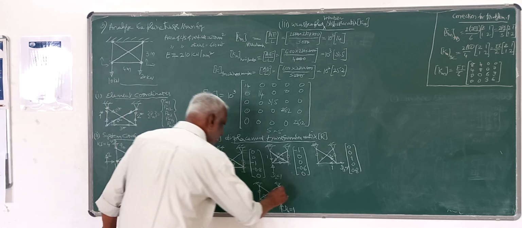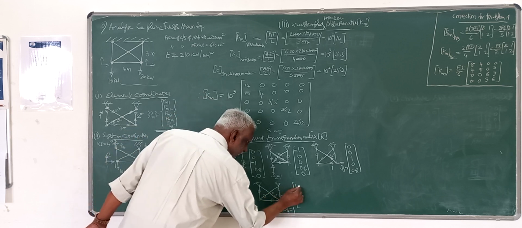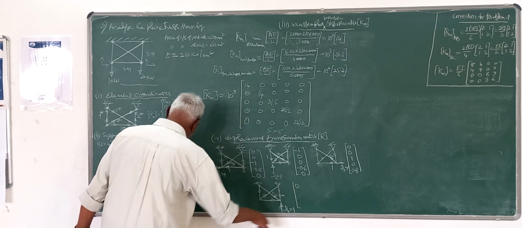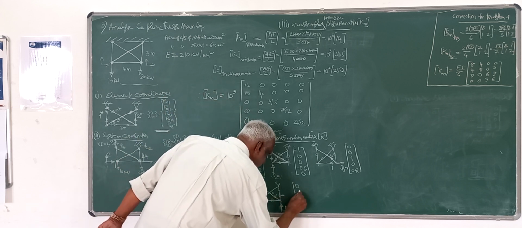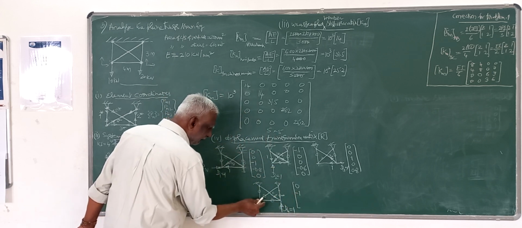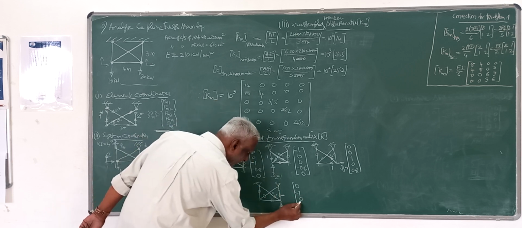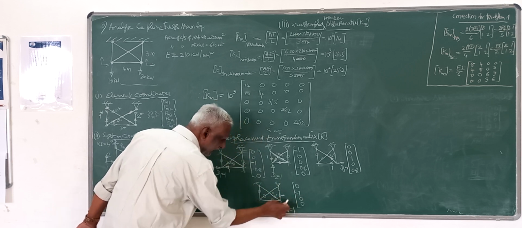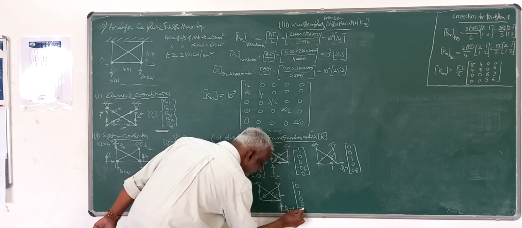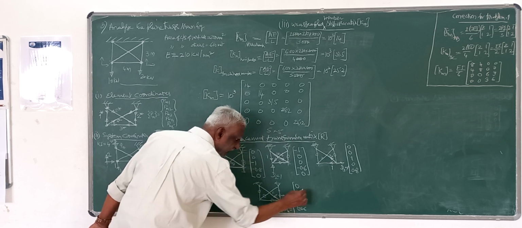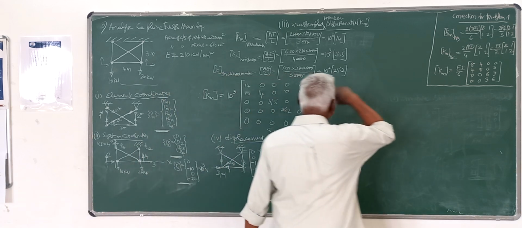So naturally the fourth column: member 1, 0; member 2, it is in the direction opposite to that, so it is -1; then member 3, 0; member 4, 0; member 5, it is minus 0.6. Minus 0.6.